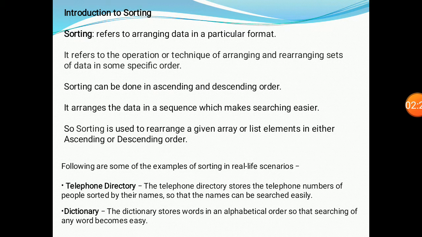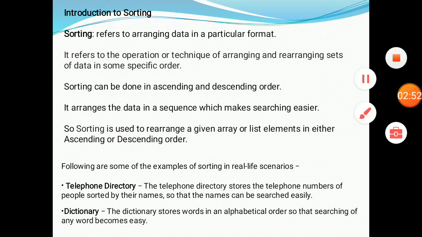Now see some real life examples of sorting. One is the telephone directory. The telephone directory stores the names of people sorted or ordered according to their names, so that using names they can be searched easily.